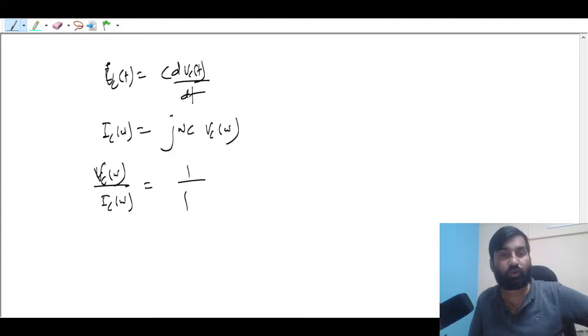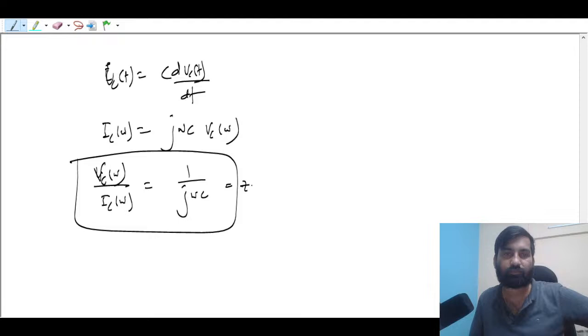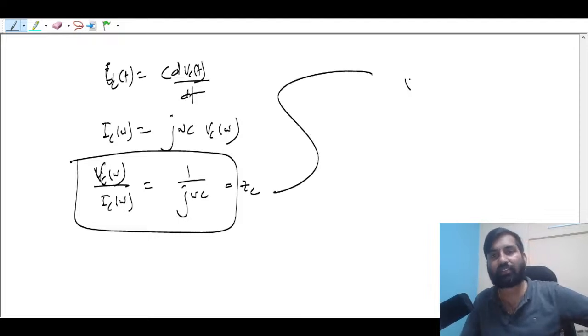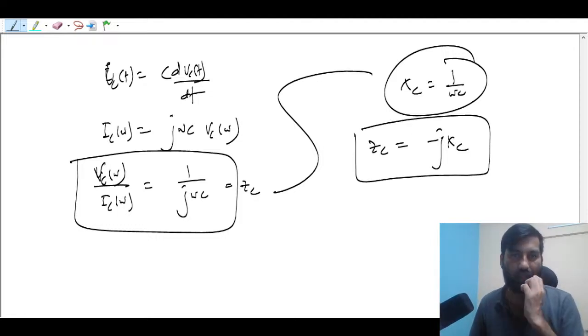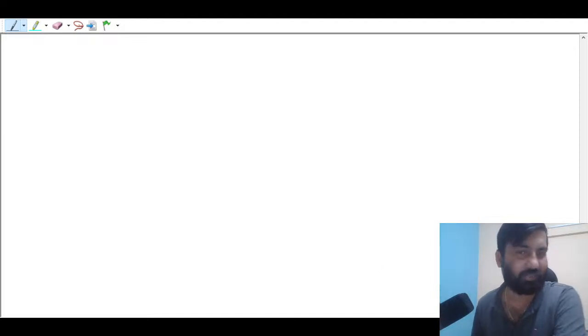This is nothing but 1 by j omega C, the Z_C. Or you can say X_C equal to 1 by omega C, so Z_C is minus jX_C. ठीक है. इसको बोलते हैं capacitive reactance. In electrical circuits we will discuss all this.